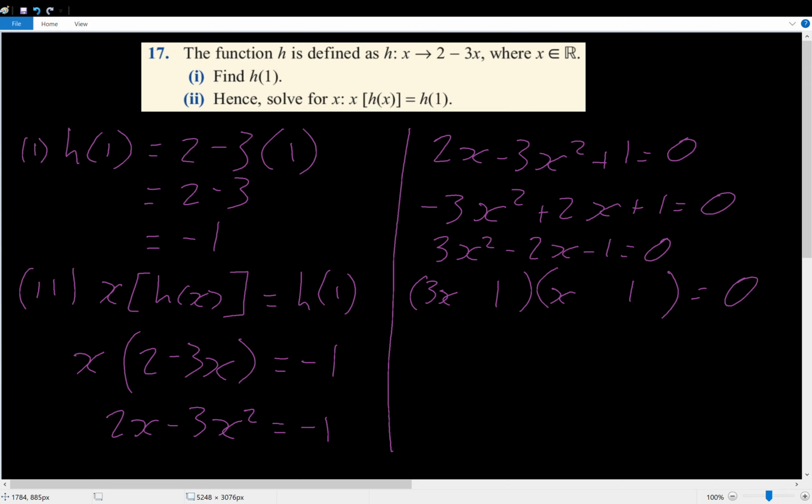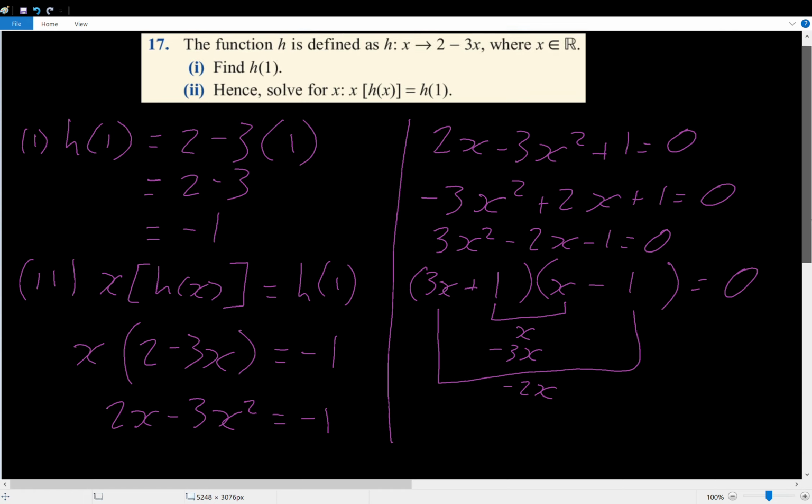The way we figure that out is that when we multiply the inner two and the outer two and sum them up, we should get minus 2. So let's pick a scenario and see if it works. Say we put our plus 1 here and our minus 1 here. Now we test this out. 1 times x is x, and 3x times minus 1 is minus 3x, and x minus 3x is minus 2x. So we have definitely found the correct factors for this equation.